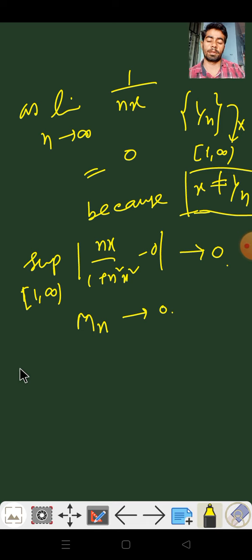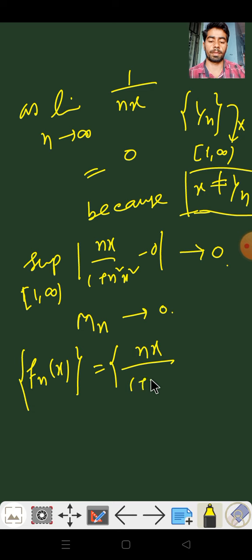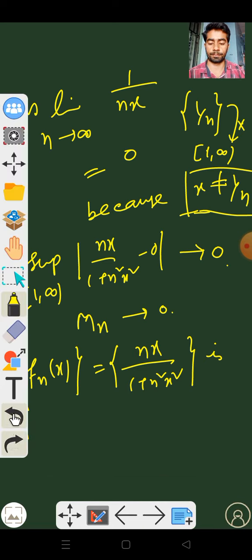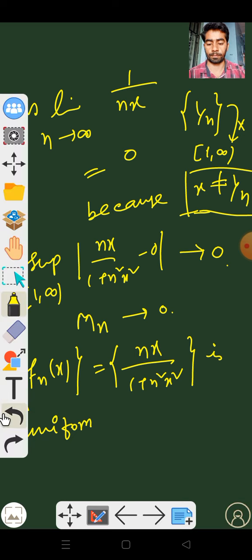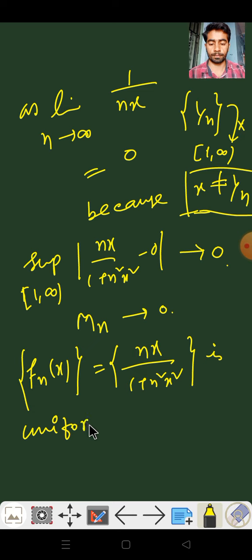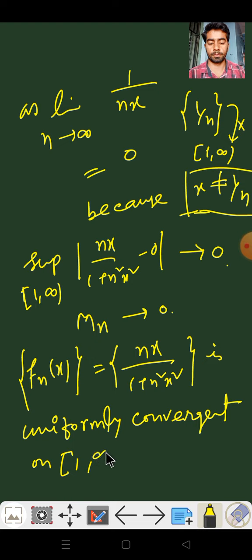And therefore, by the definition of uniform convergence, fn(x) equal to nx divided by 1 plus n square x square is uniformly convergent on closed interval 1 to infinity.